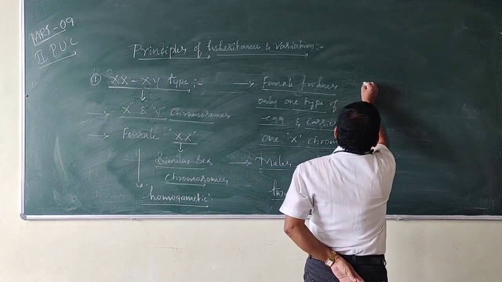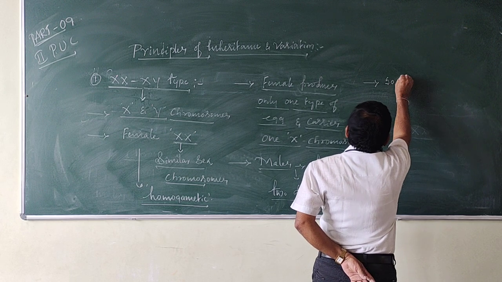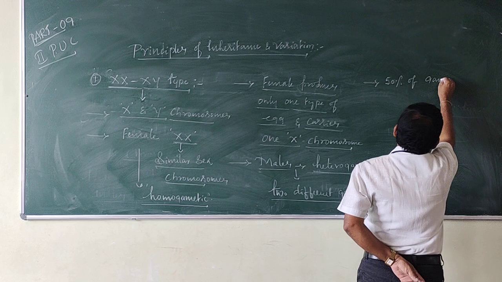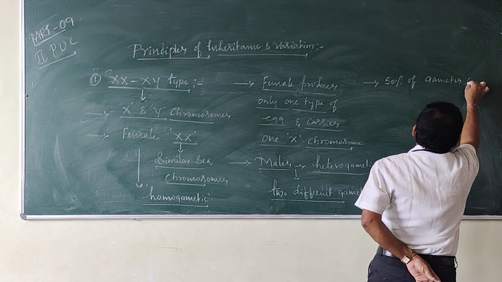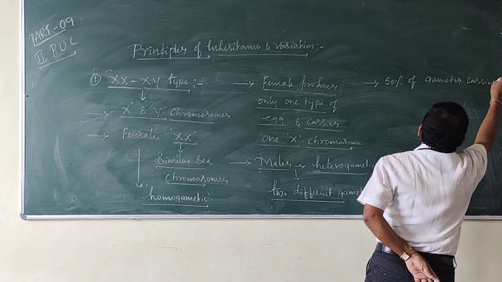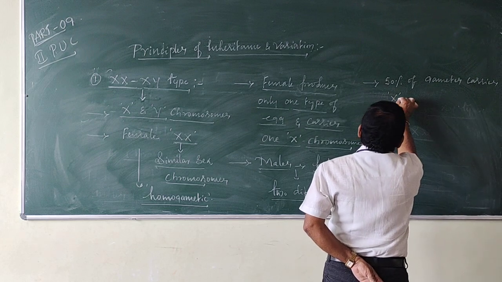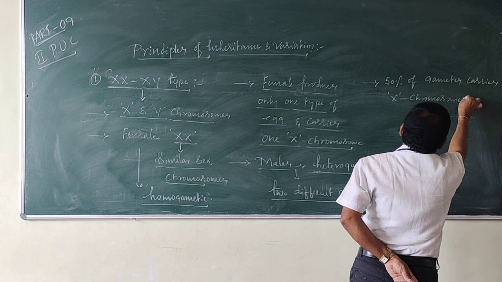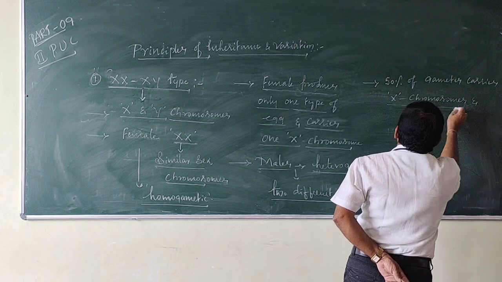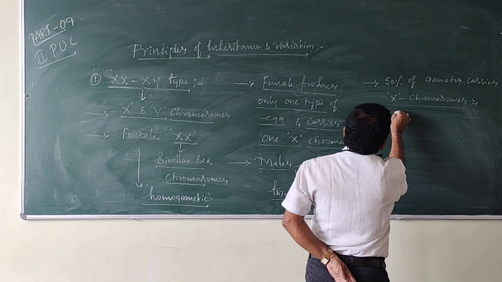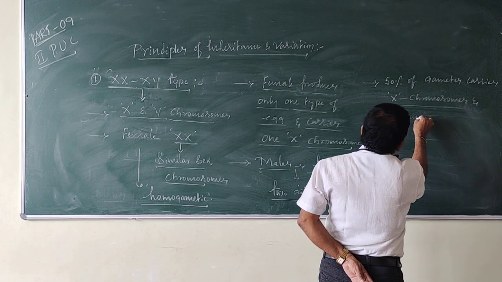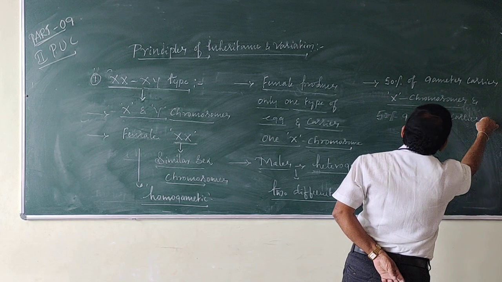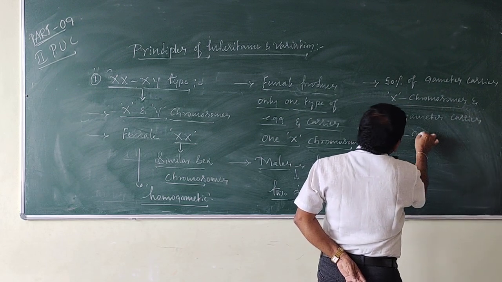So 50% of gametes carry the X chromosome, and the remaining 50% of gametes carry the Y chromosome.